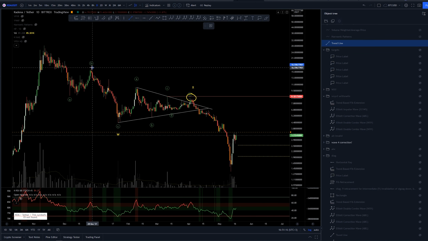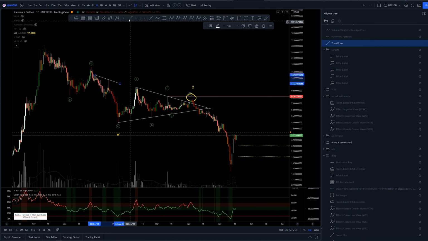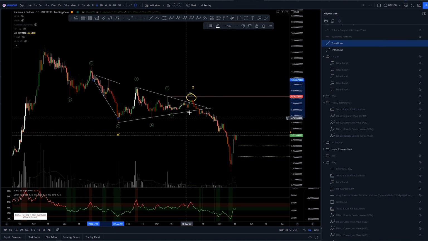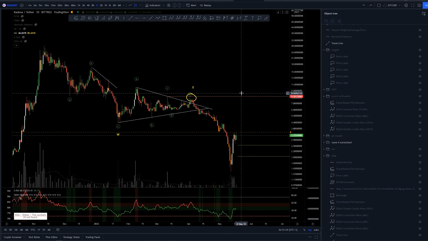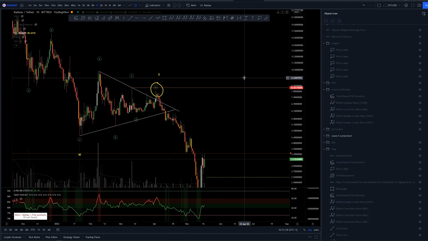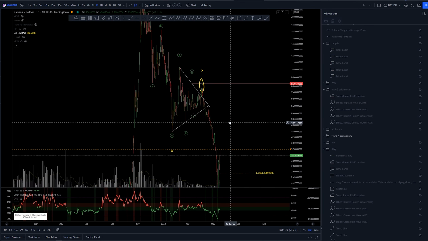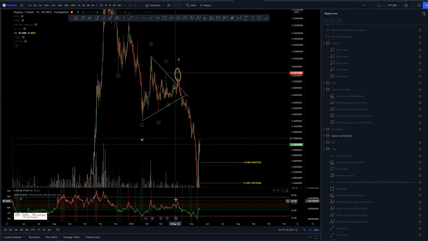We could see this as an expanding diagonal from here, which would be fine as well. Now the X wave, if we place it here, I don't think we can fit a triangle here. We are on a daily, so we can see we don't really have support on the triangle.